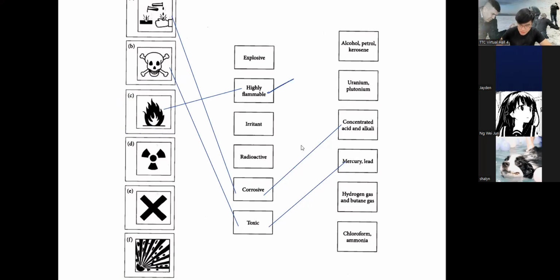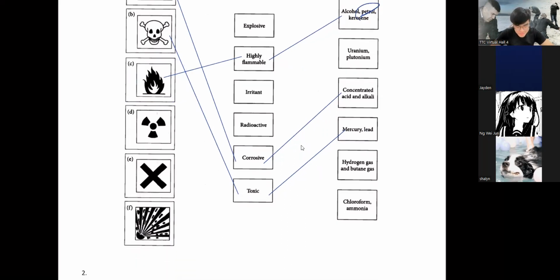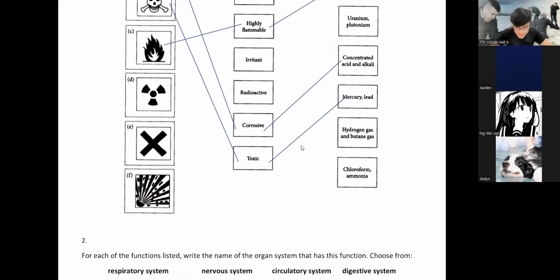This would be your alcohol, petrol, or kerosene. When you buy that big bottle of hand sanitizer during COVID time, you'll see this logo on it, because alcohol is very flammable. So please don't bring alcohol anywhere near fire.